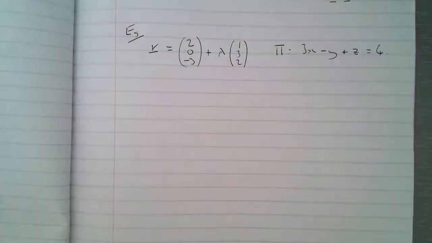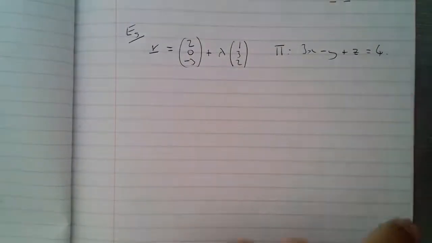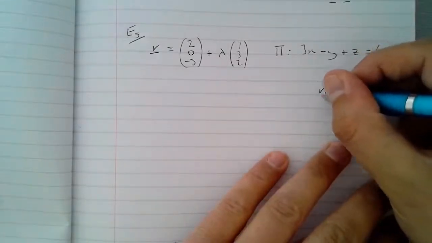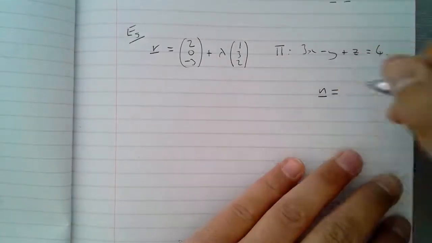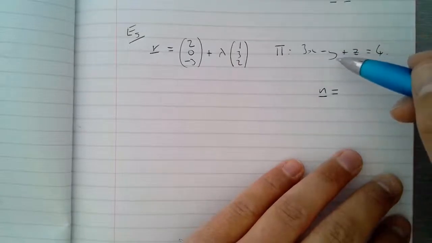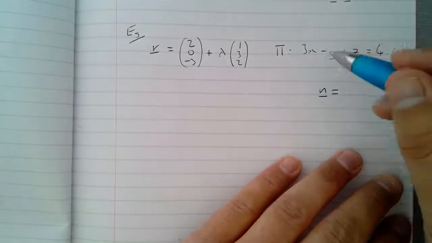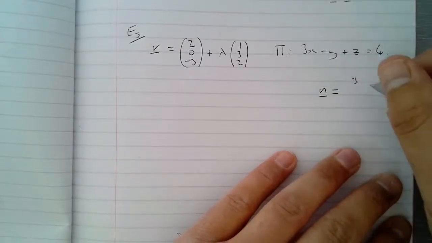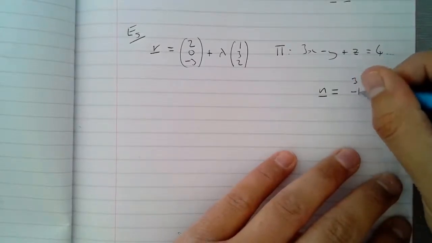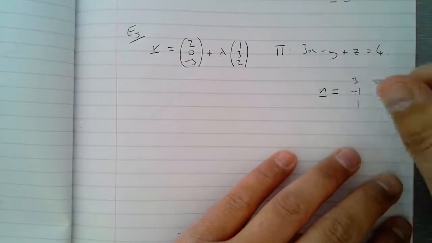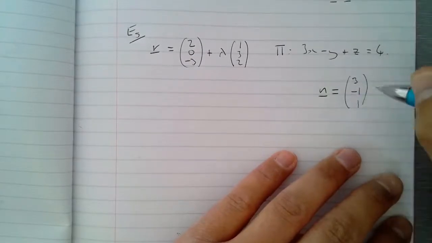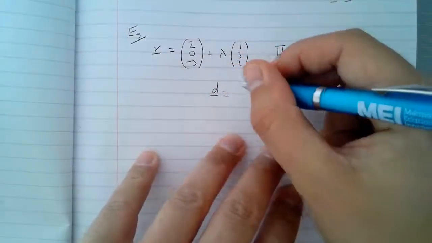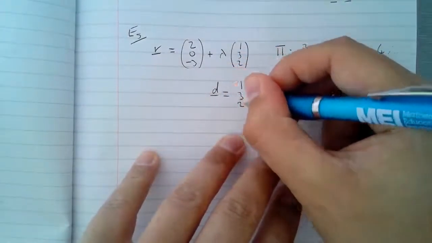Okay, so you're looking at these two things. Before we do anything else, we take the information that we need. The normal vector, remember this from earlier in the year, a normal vector to this plane is the coefficients of the x, y's and z's. So a normal vector is (3, -1, 1). And the direction vector of this line is (1, 3, 2).